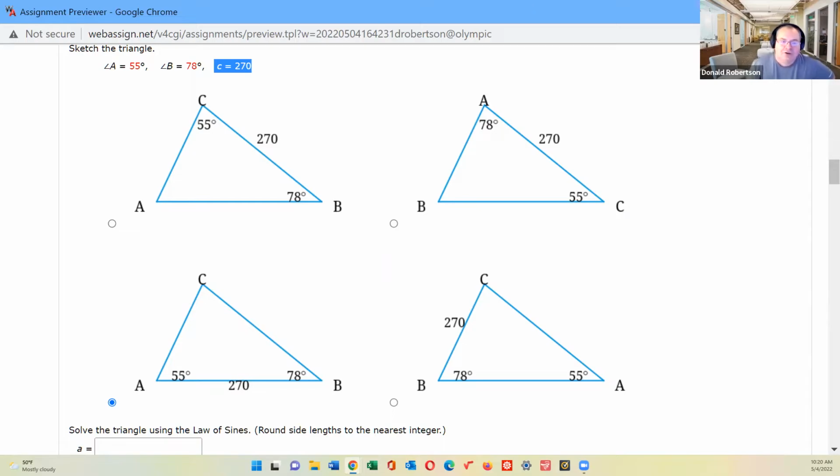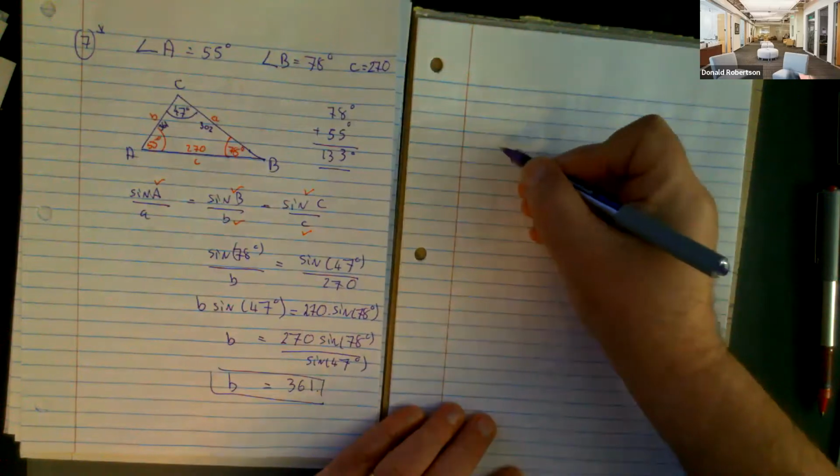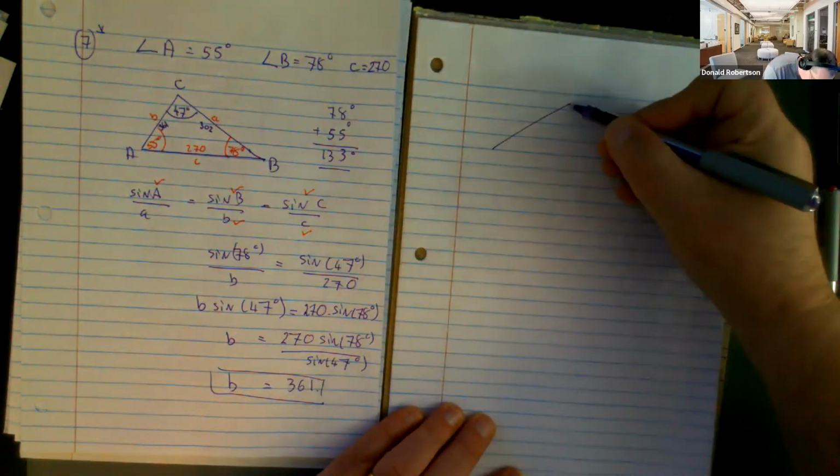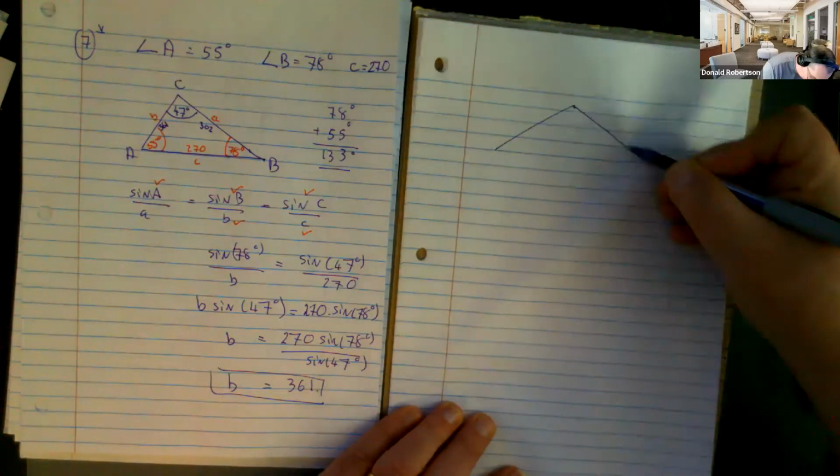So now I'm going to show you a truism about triangles. This is true about every triangle in the world. I'll try and make it not right angled looking.